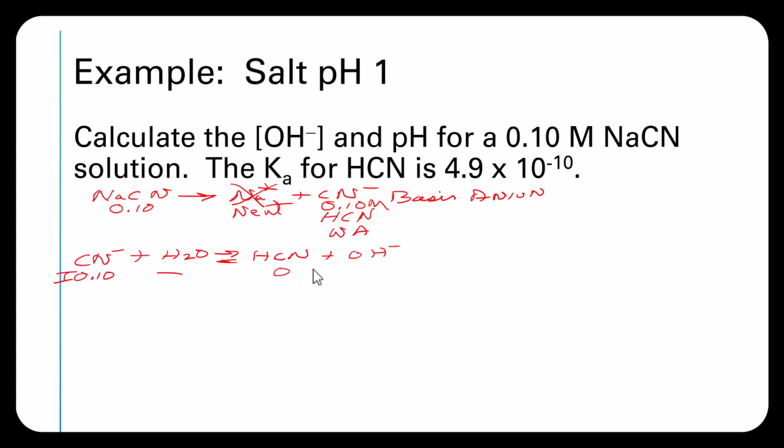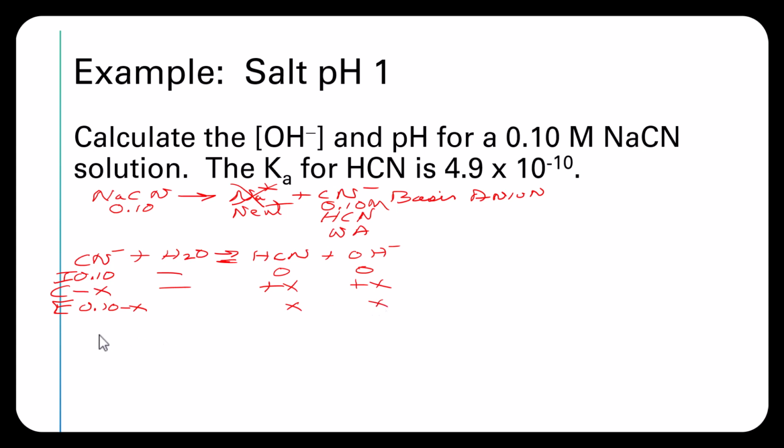We don't care about water, and we don't have any hydrocyanic acid or hydroxide initially. Our change is going to be minus X. We don't care about water. It's a constant 55.5 molar at 25 Celsius. We're going to add a little bit of this, add the same amount of this, and at equilibrium, we'll have the initial 0.10 minus X, and then down here we have X, we have X.